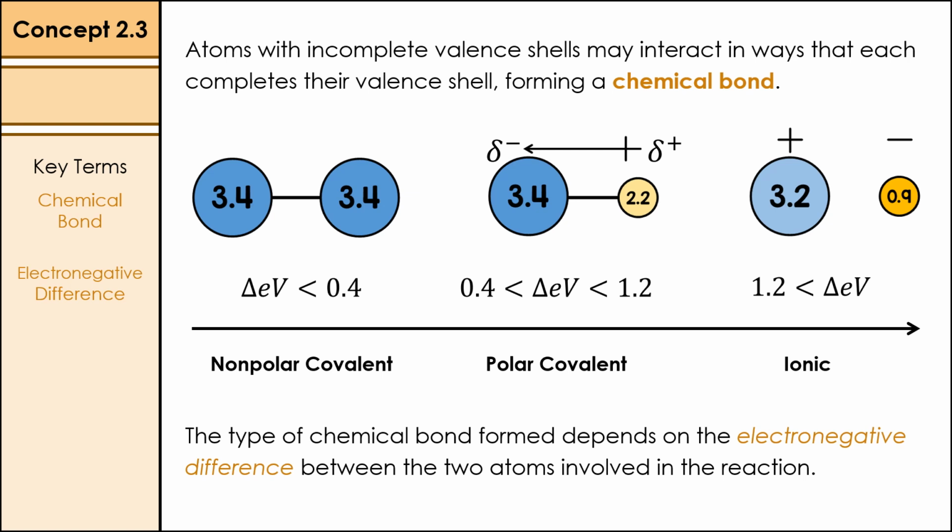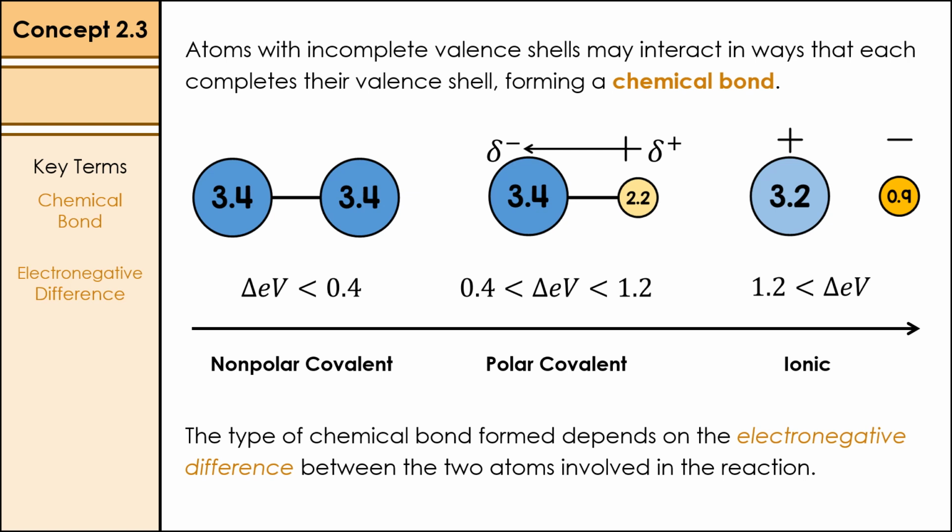And one of these is termed electronegativity. Electronegativity is the amount of pull that the electrons have towards the nucleus, so towards all of those protons that are positive, opposites attract, all that.